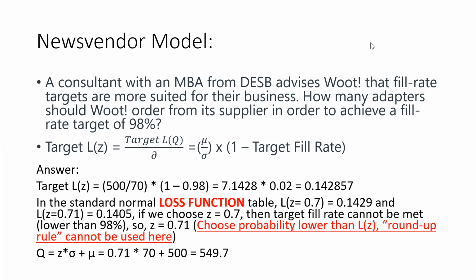If it's Poisson, then this part is going to change: target L of Q is equal to 1 minus target fail rate, so mu divided by sigma is going to be removed. I think so, but I will double check and send out the announcements tomorrow. Thank you for the question.